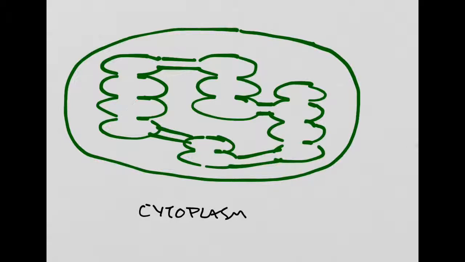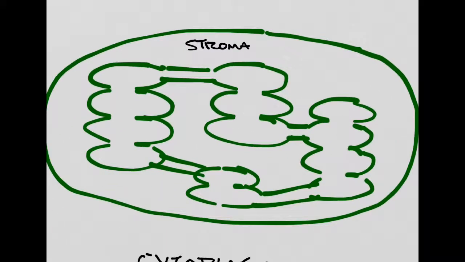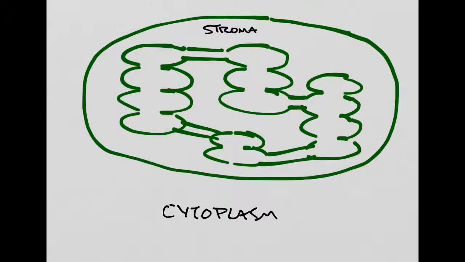The inner part that is here, this area right in here, is called the stroma. You saw this today when you guys were putting together that puzzle. And then these funny looking jelly bean-like disks that are connected with tubes make up something called the thylakoid membrane system.